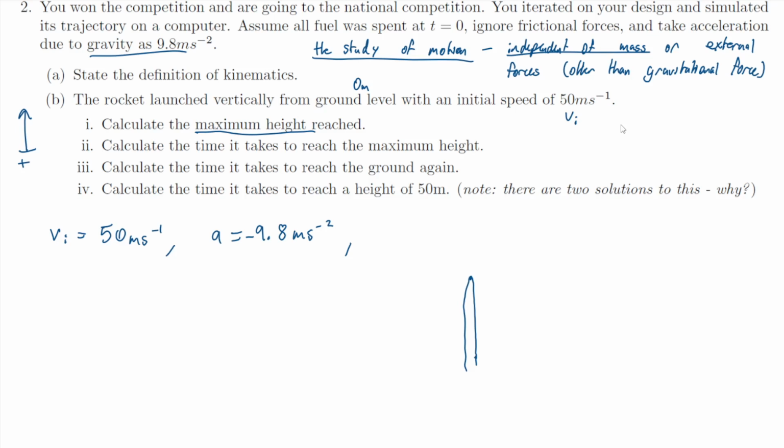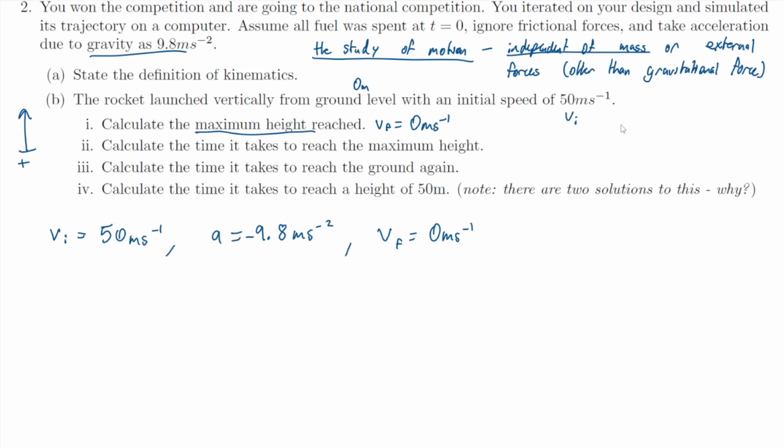If you take calculus, you'll know that the rate of change of distance is velocity, and if you set that to 0, that indicates a speed of 0 or a turning point. If you don't take calculus, what we need to know is at maximum height, for a split second, its final speed, or its initial speed if you're taking it the other way, its speed is 0. And it doesn't matter if it's positive or negative, because it's a speed of 0.